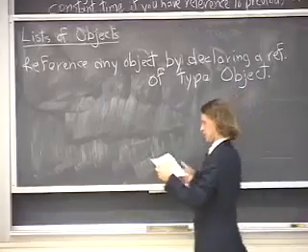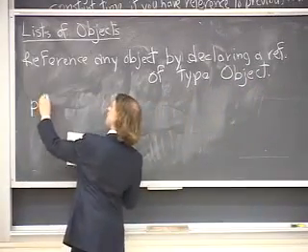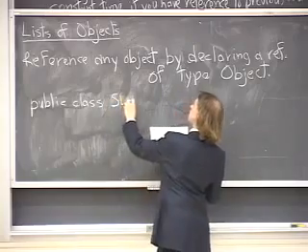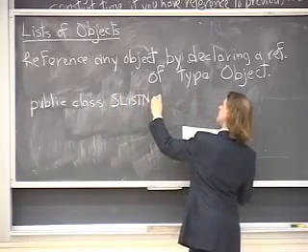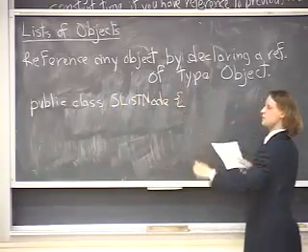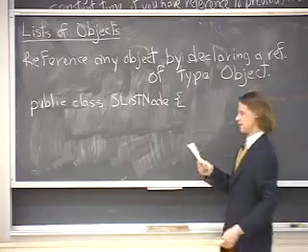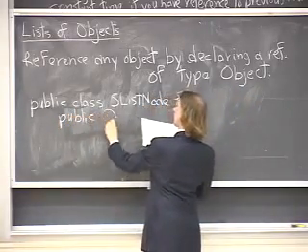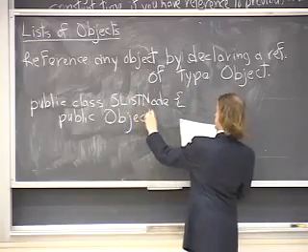So here's my slightly modified class. I'm going to modify the name slightly too, and I'm going to call it SListNode. And S stands for singly linked. The lists that we've been studying today are singly linked lists.